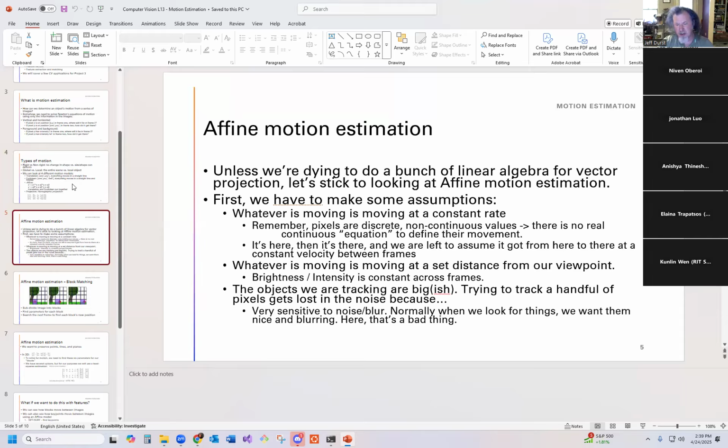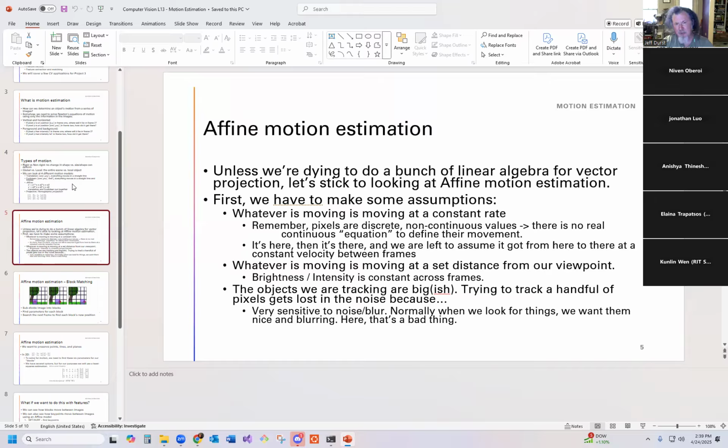And we are not working with things that are moving in and out of the foreground and the background. In general, we assume the intensity or brightness in the color space or HSI space is the same, so what we're looking at isn't getting brighter or darker.